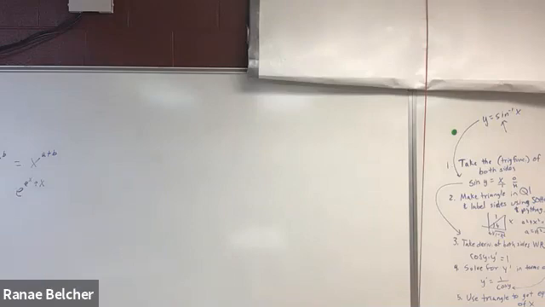Parentheses, 1 divided by cosine 2, parentheses, parentheses, divided by, and then parentheses x minus 2. So negative 0.